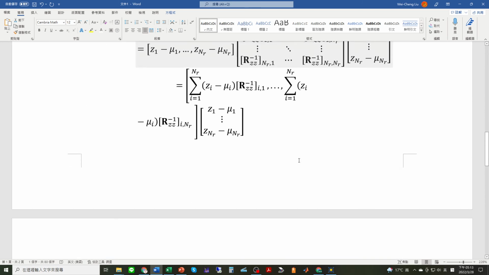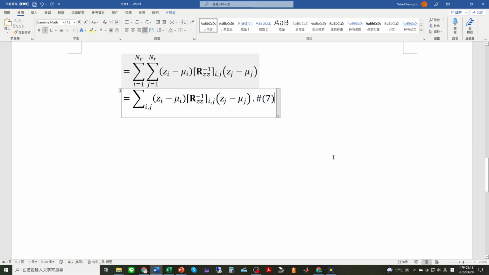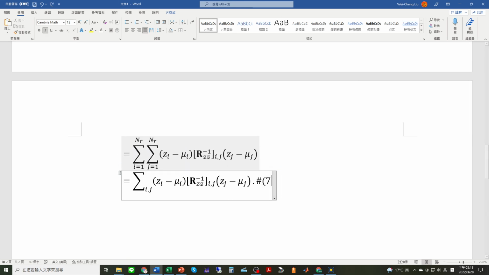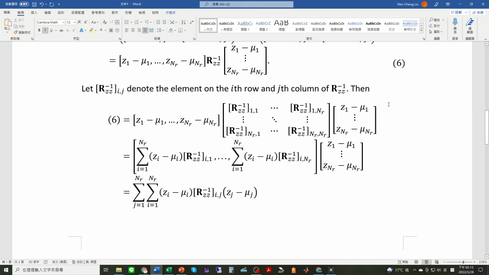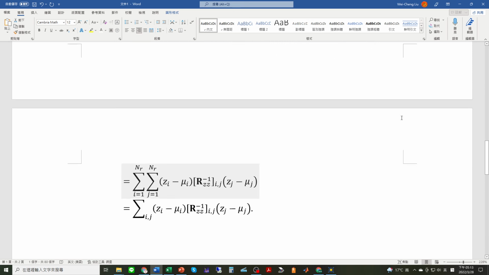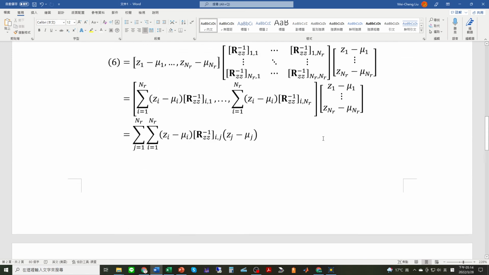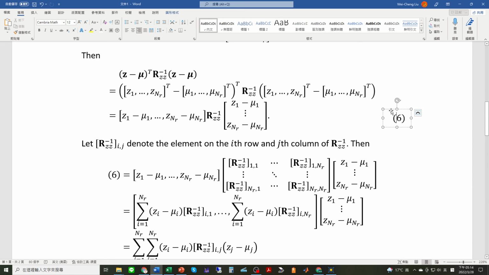No, I can't do this equation. Okay, so let me do this again. I copy this to this page. Okay, so I need to copy this to this.